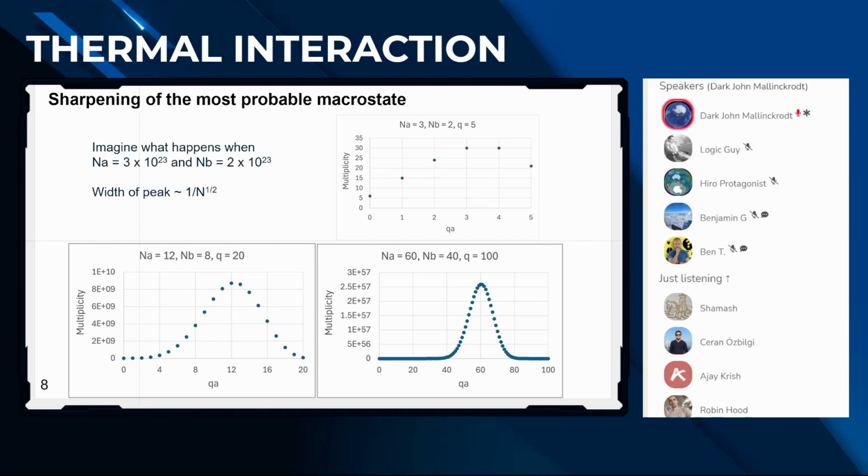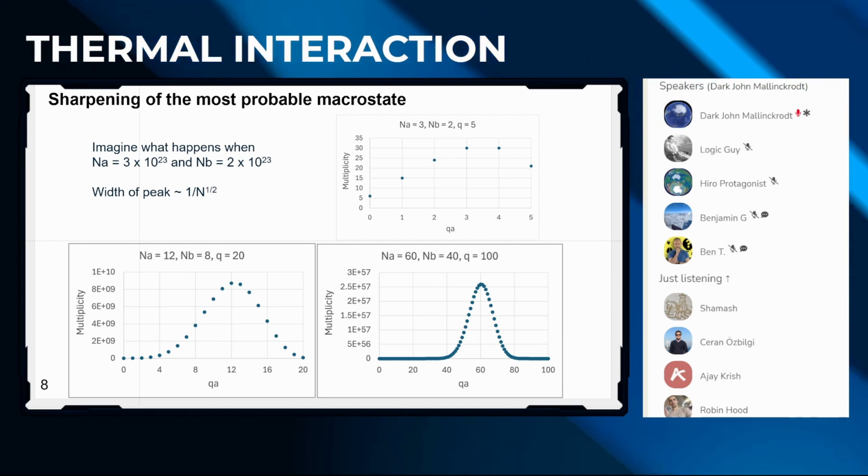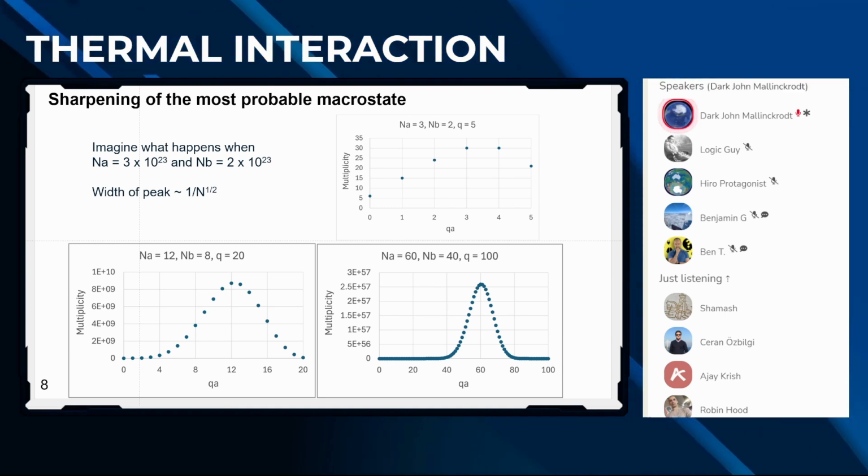So there was one thing I didn't say on slide 8. I'm just saying this, not showing it, but it can be shown that the so-called width of this peak, if you come down halfway, is something like 1 over the number of particles to the 1/2.